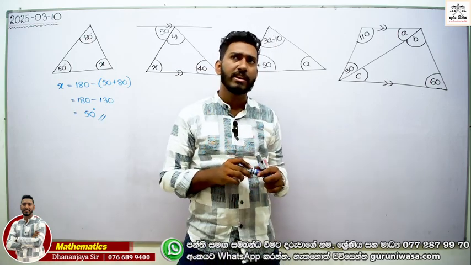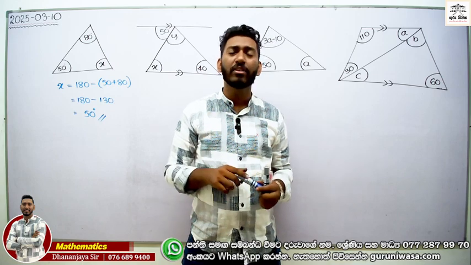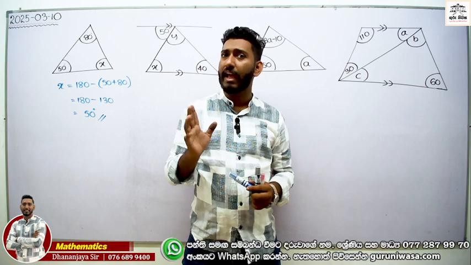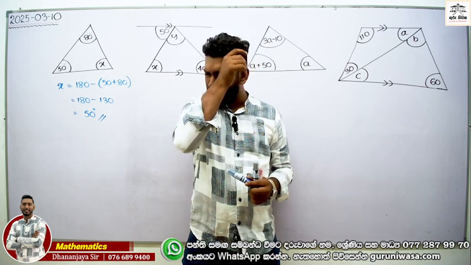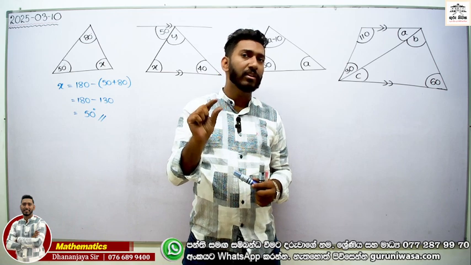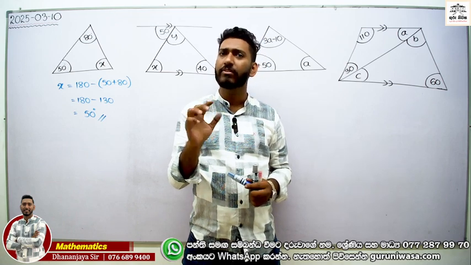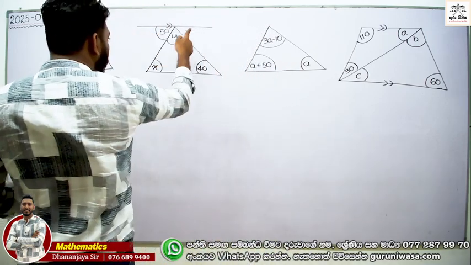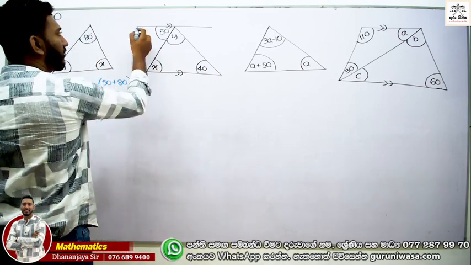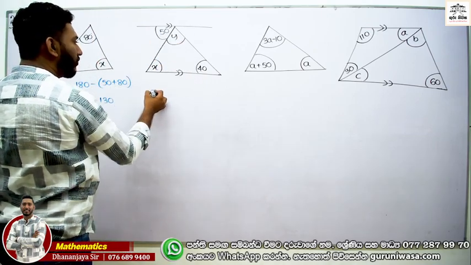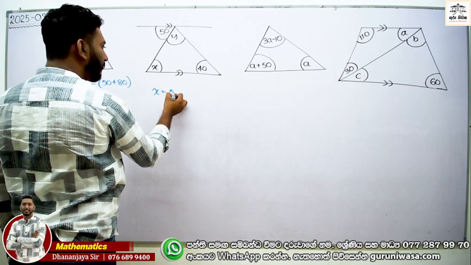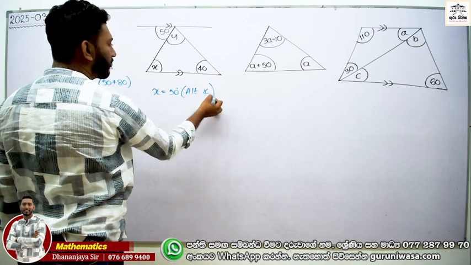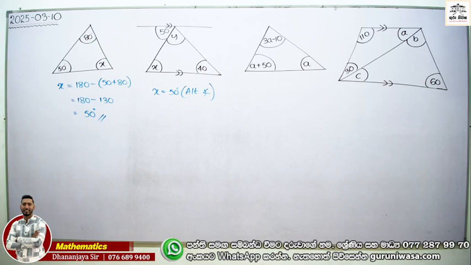Z alternate angles, F corresponding angles, and C allied angles. But allied angles are not equal. Allied angles are supplementary. That's the main thing about allied angles. Now listen. Look at this Z. This is Z. This is C. Right? Therefore, x equals 50. What's the reason? Alternate angles.